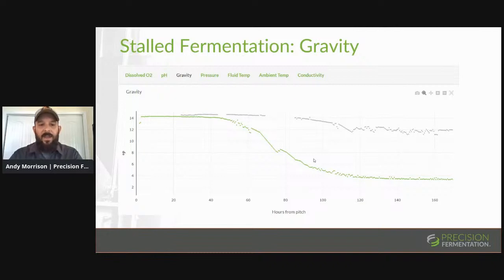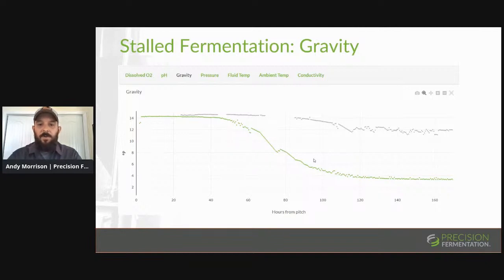So here's a week-long fermentation. It's kind of a long lag phase. That beer didn't kick off for a good 36 hours from the look of things, right, before gravity started moving downwards, but otherwise a healthy fermentation. In gray, you can see in contrast a subsequent batch of the same beer that was tracked about a month later. You can see how the data that's tracking along there, it takes a long time for gravity to start moving downwards, right?